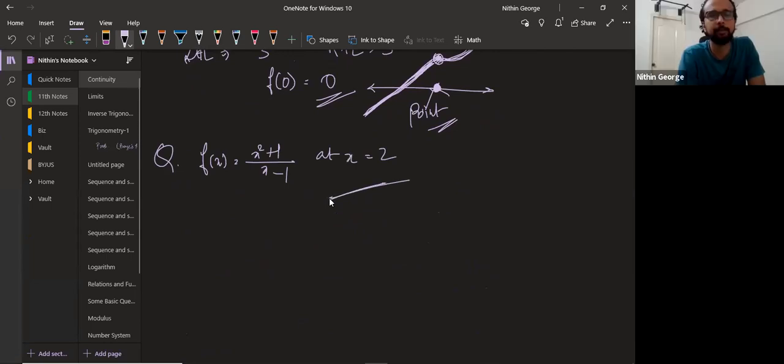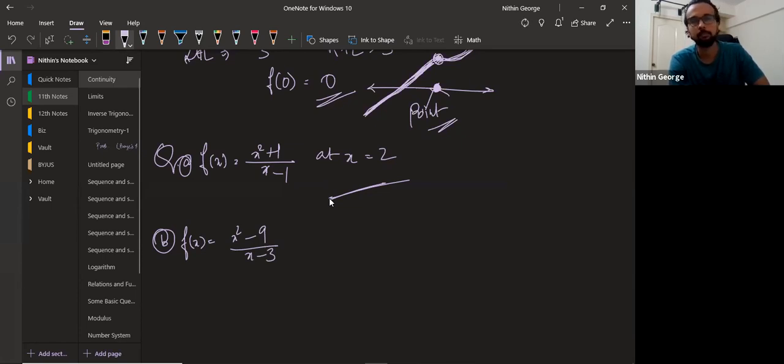Okay, try this question. X square plus 1 divided by x minus 1 at x equal to 2. Okay, so how do you handle this question?